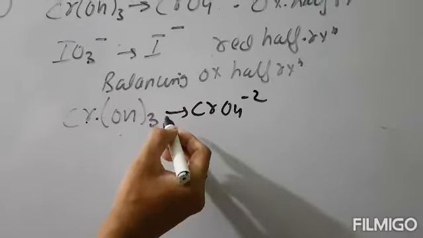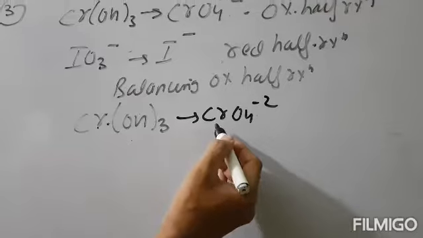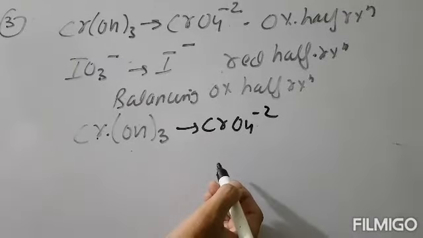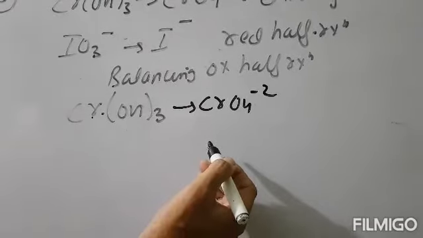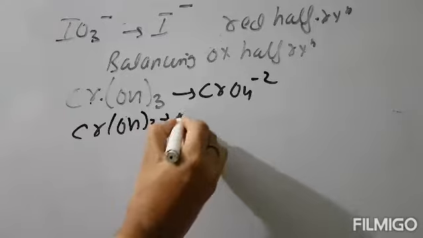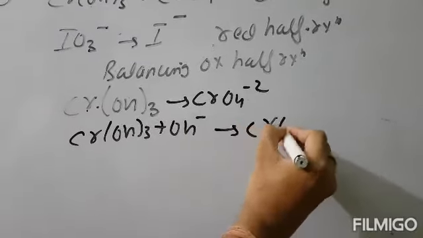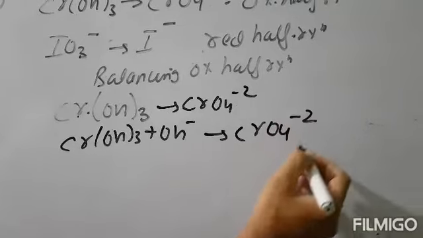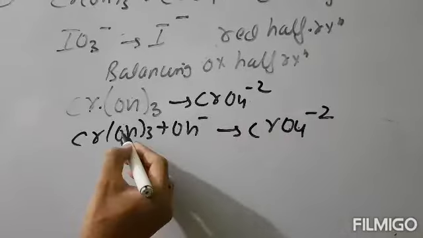Now since this reaction is in basic medium, the oxygen atoms are balanced by adding OH- to the side deficient of oxygen atoms. So here Cr(OH)3 plus OH-, then comes here CrO4 2-. So here the oxygen is balanced. Here oxygen is 4, here oxygen was 3.